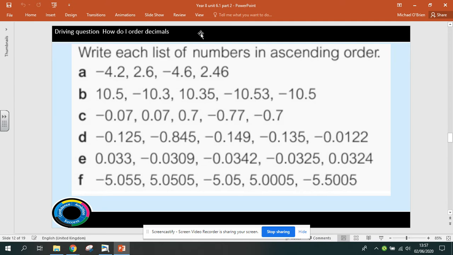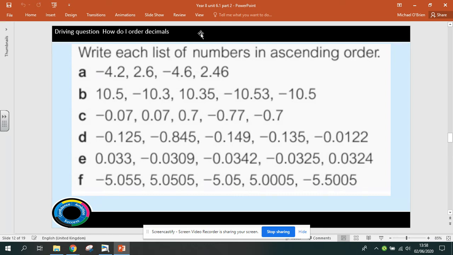E, minus 0.0342, minus 0.0325, minus 0.0309, oh sorry, 0.0324, not a minus. And lastly, 0.033, that's the biggest number there.